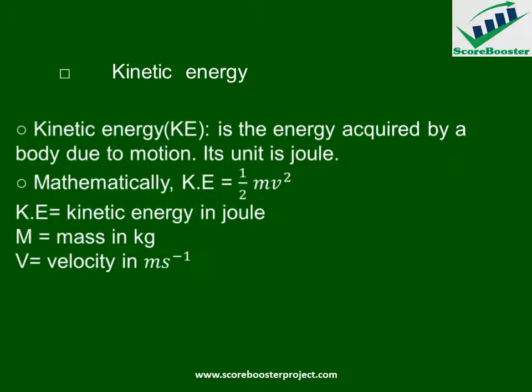Now on to kinetic energy. By kinetic energy, usually represented by Ke, we mean the energy acquired by a body due to motion. It is the energy of an object in motion. Its unit is joule.